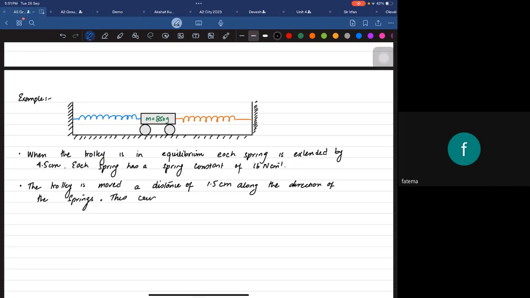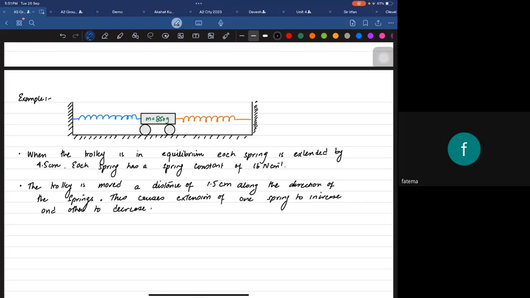This causes the extension of one spring to increase and the other to decrease.